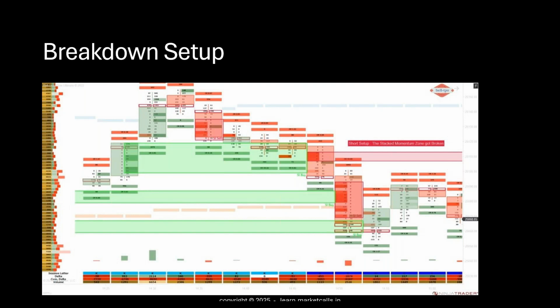In many instances you will see stacked momentum acting like support or resistance. In a few instances it will get broken down and then you look for opposite trades. But most of the time you will see a support and resistance kind of setup on a 3-minute scale.